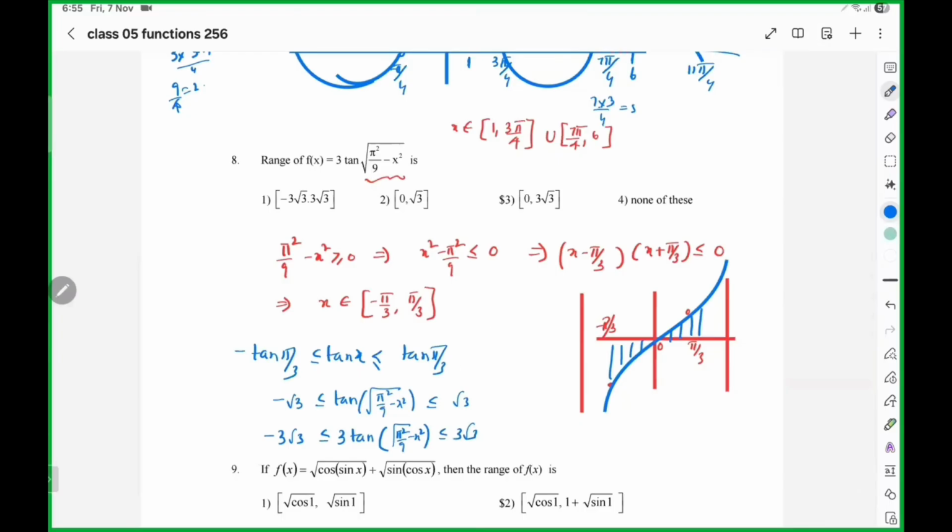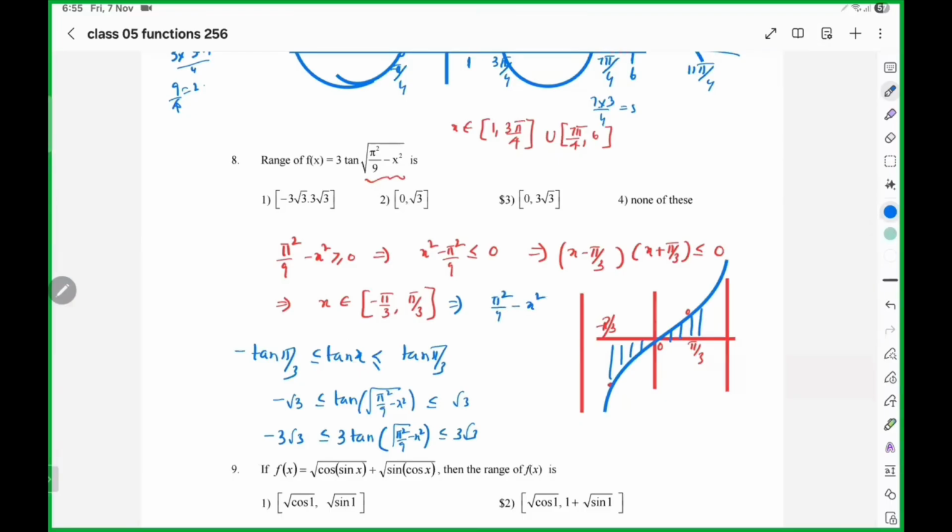But root x is defined in this region, but we want not x, right?